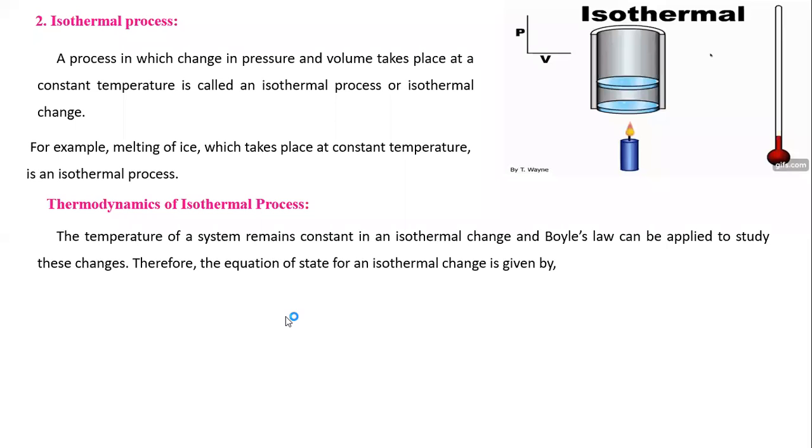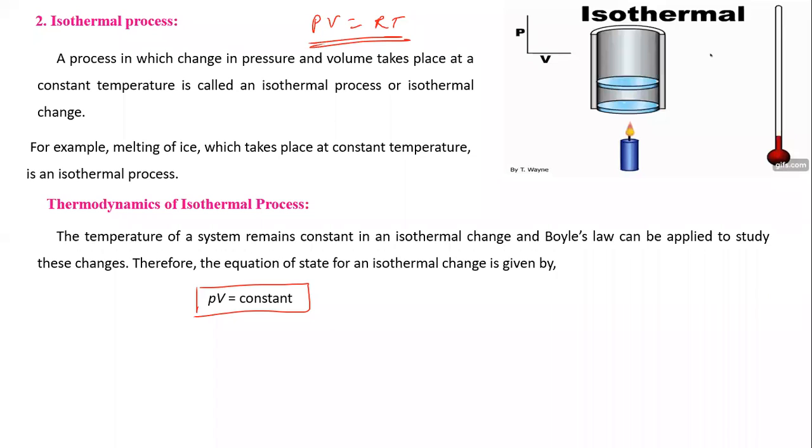Thermodynamics of the isothermal process. The temperature of the system remains constant in an isothermal change, and Boyle's law can be applied. You know Boyle's law: P is inversely proportional to V. Therefore, the equation of state for isothermal change is given by PV = constant. So this is Boyle's law. Or you know that PV = RT, the ideal gas equation.